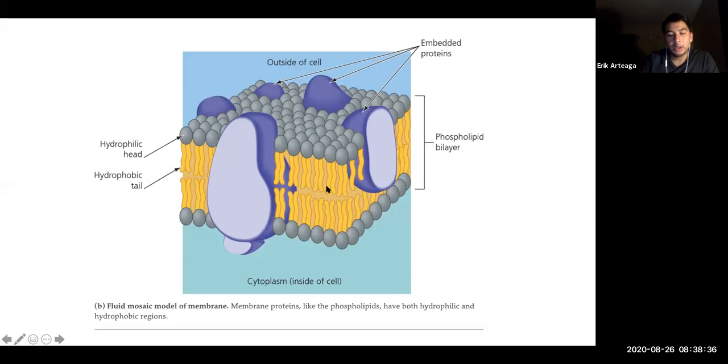All right. So here we have, again, the more complex image showing the plasma membrane. You have those phospholipid heads and the fatty acid tails that are going to be resistant to charge and resistant to water, and those hydrophilic heads. But you also have these proteins embedded within that plasma membrane, right?